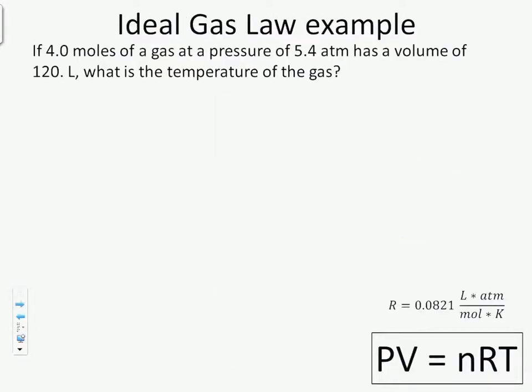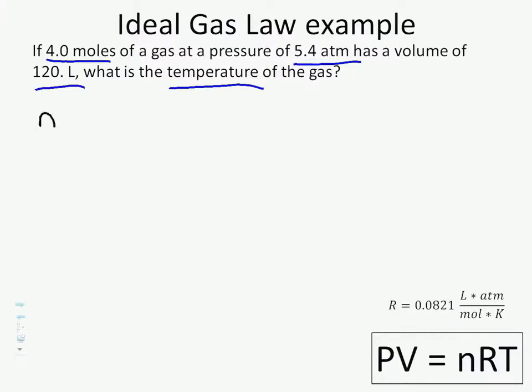So let's do an example then. First thing we've got to do, once again, is identify all of our variables. What is temperature? So underline. If 4 moles of a gas at a pressure of 5.4 atmospheres has a volume of 120 liters, what is the temperature of the gas?